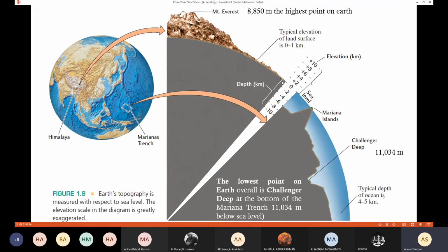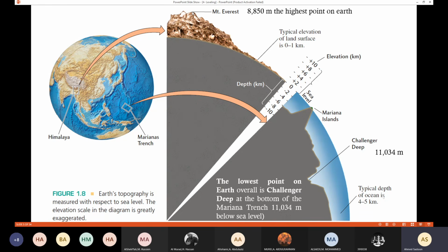So this one is the reference, and the typical elevation of land is between 0 and 1 kilometer, and the typical depth of the ocean is between 4 to 5 kilometers. And the highest point is Mount Everest, which is 8,850 meters.